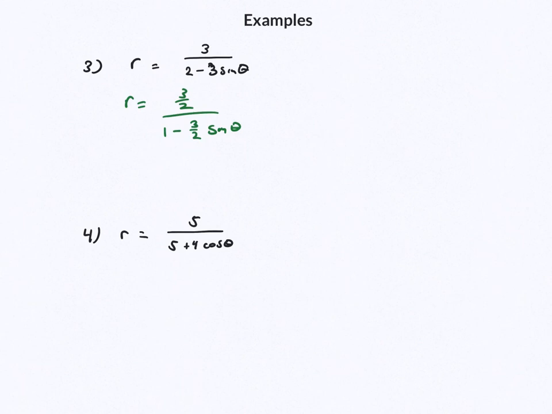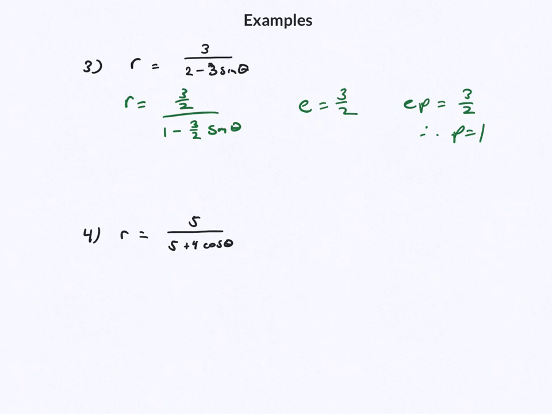So in this case, e is 3/2. And I know up here that the numerator is equal to e times p. So both of these are the same. So on this problem, e is equal to 3/2. e times p is also equal to 3/2. So therefore, p is equal to 1.